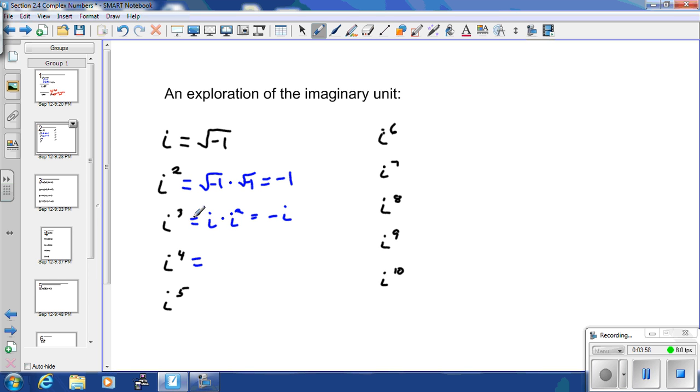What we can notice about i to the fourth, well, that's i squared times i squared, so that's going to equal negative 1 times negative 1, which is going to equal positive 1. Let me circle these here so they stand out a little bit more.